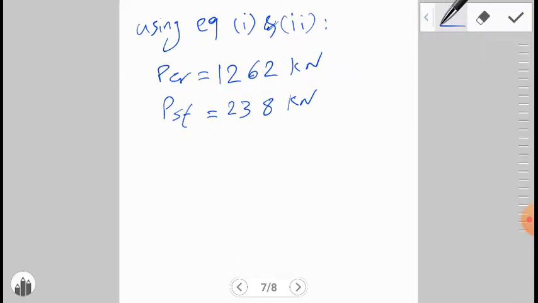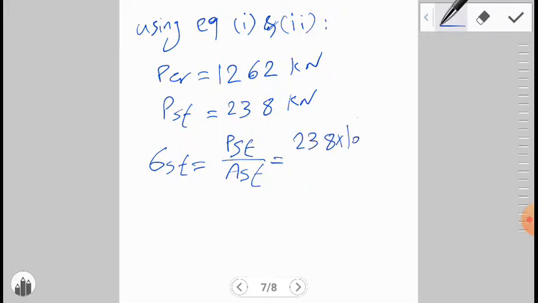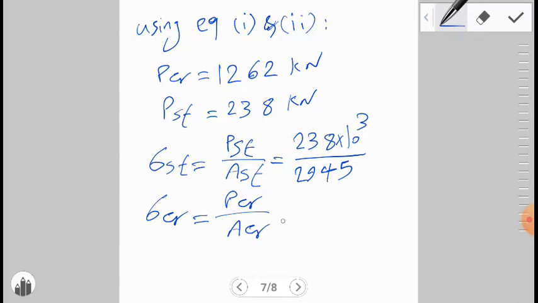After finding the P, we have the area. We can write sigma steel is equal to P steel divided by A steel. P steel, kilonewton to newton, and A steel is equal to 2945. Sigma concrete is equal to P concrete over A concrete.